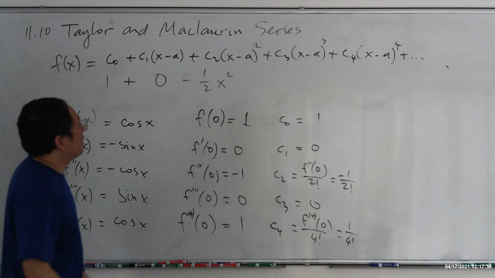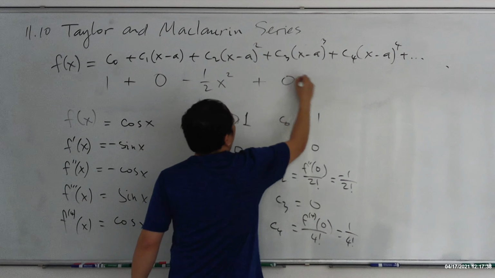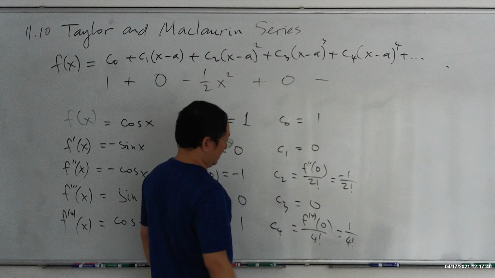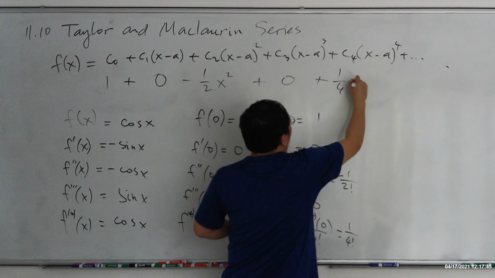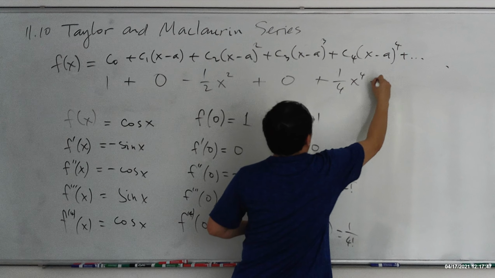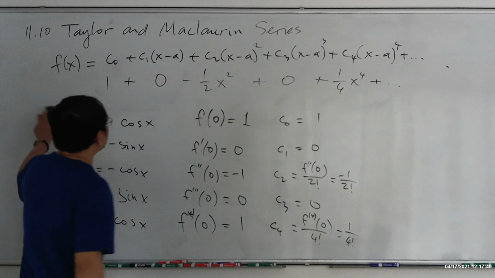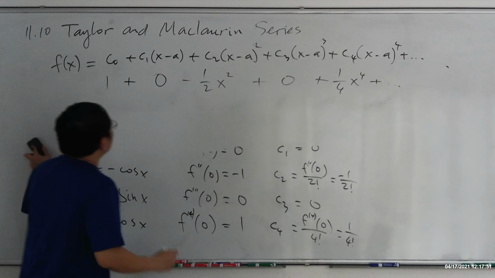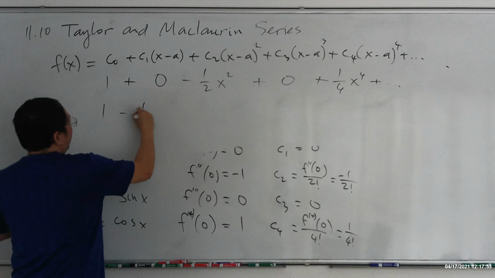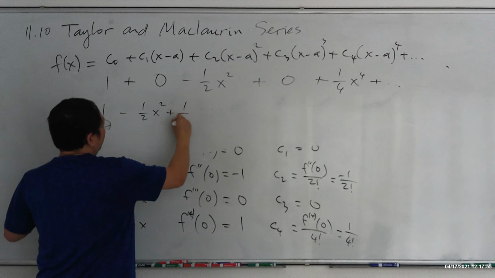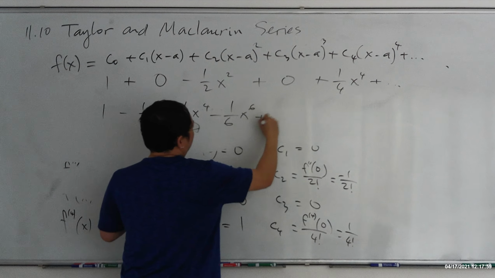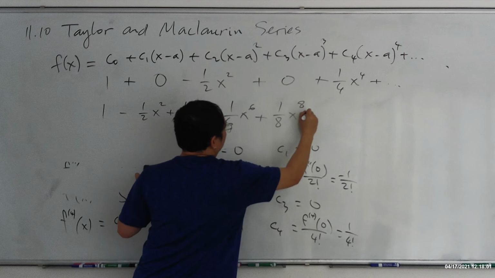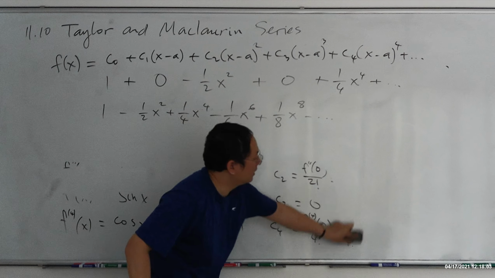So minus 1/2 x squared plus 0, and then the 4th term is positive, so plus 1/4 x to the 4th plus that. If you simplify, you're going to have something like this: 1 minus 1/2 x squared plus 1/4 x to the 4th minus 1/6 x to the 6th plus 1/8 x to the 8th, and minus 0, and so forth and so on.